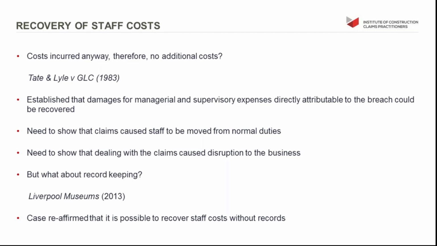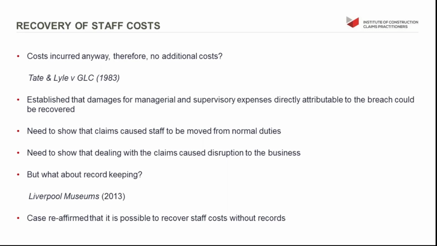Tate Lyle also required that it shows that the claims cause disruption to the business. Now, in these circumstances, again, you look at what the staff were doing. Would the project have moved along a little bit better if they'd been doing their normal course of work, their normal activities?